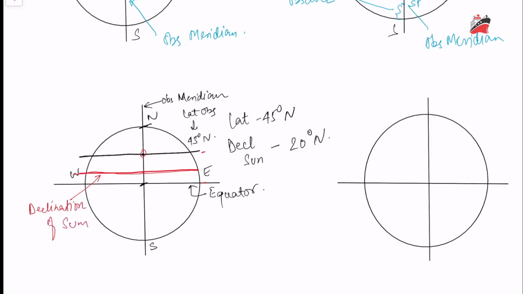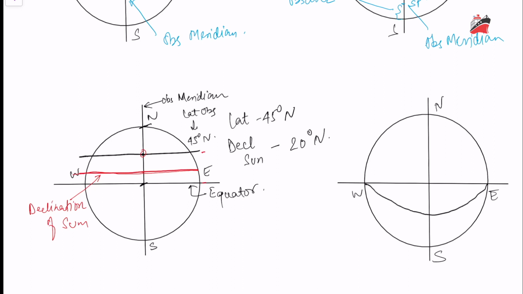Now let us draw this on the sphere. First naming the directions: north, south, east and west. Now we tilt the earth. Since the observer is in the north, we tilt the north pole towards us. So this becomes the equinoctial.